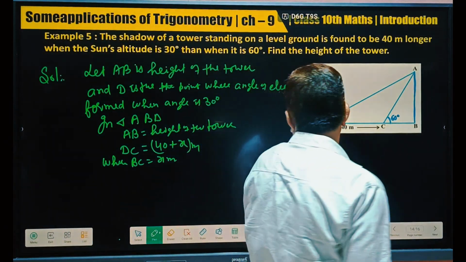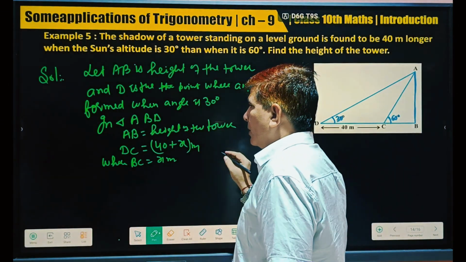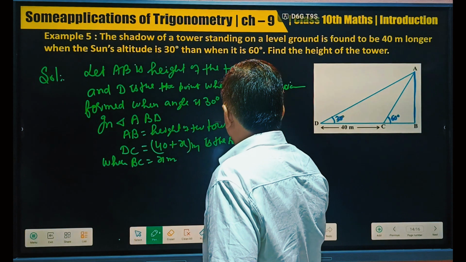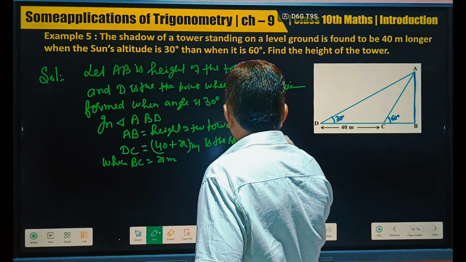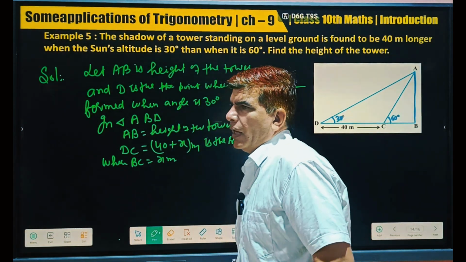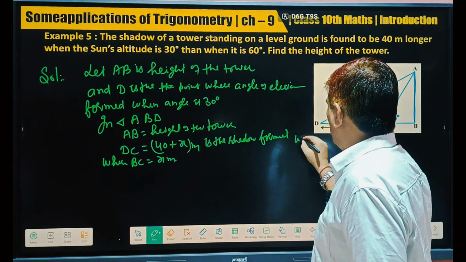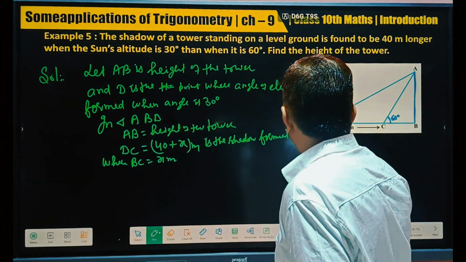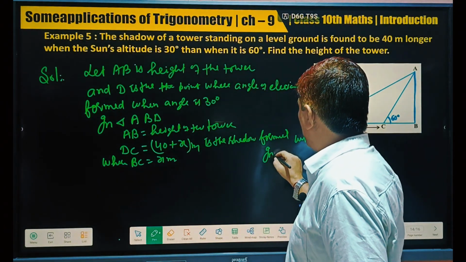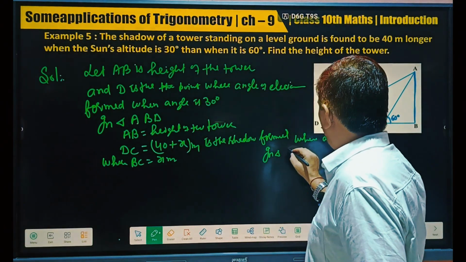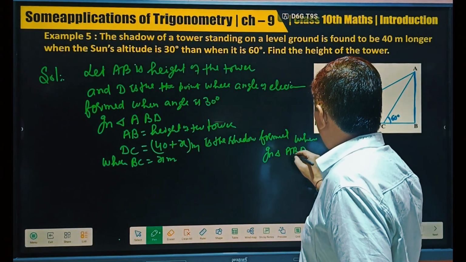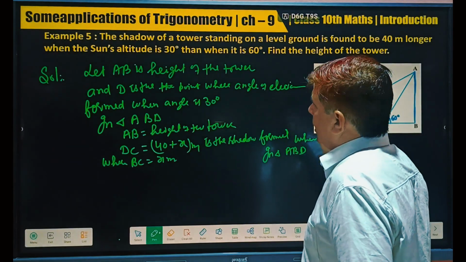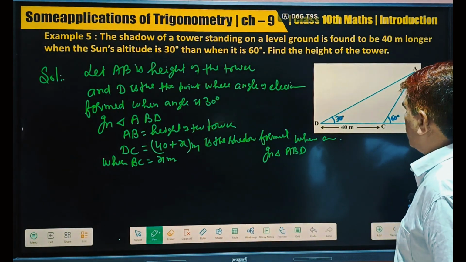This is the shadow DC, the shadow formed when the angle is 30 degrees. So now, in which triangle do we work? Triangle ABD. What do we have to find out? We have to find out AB.